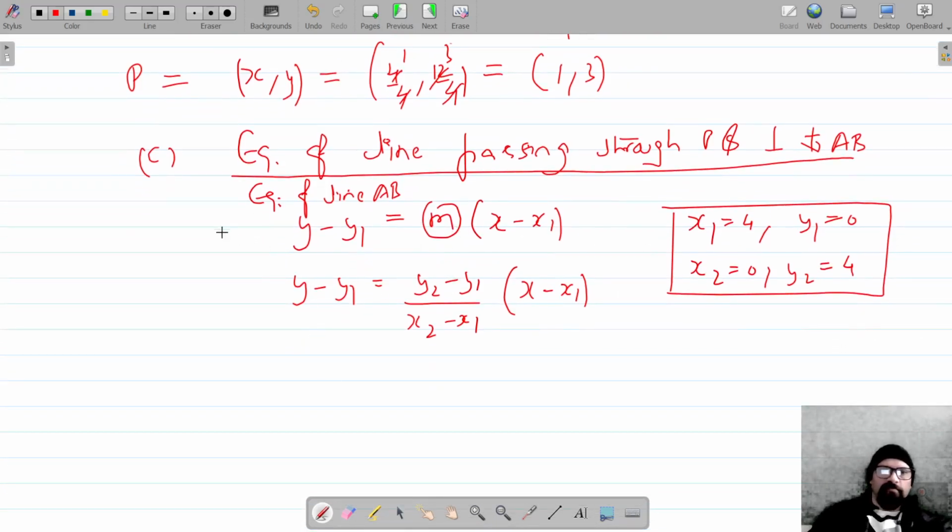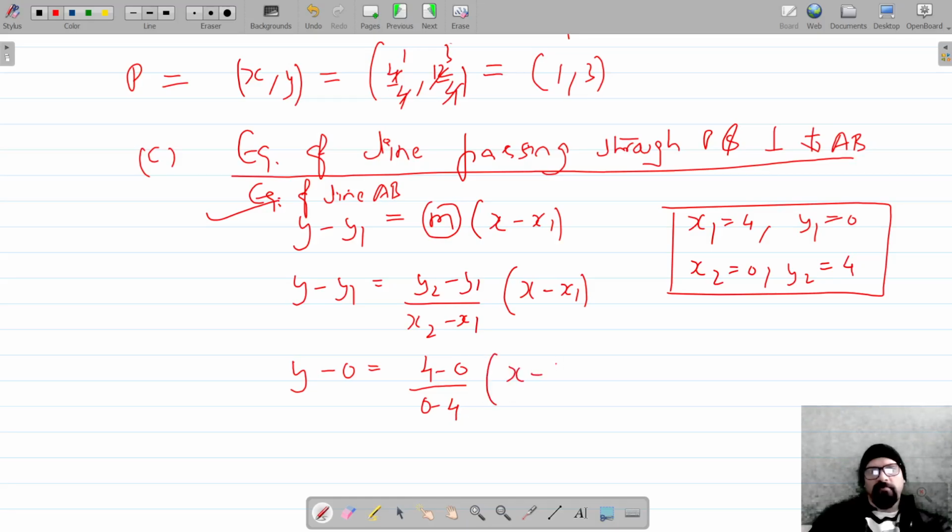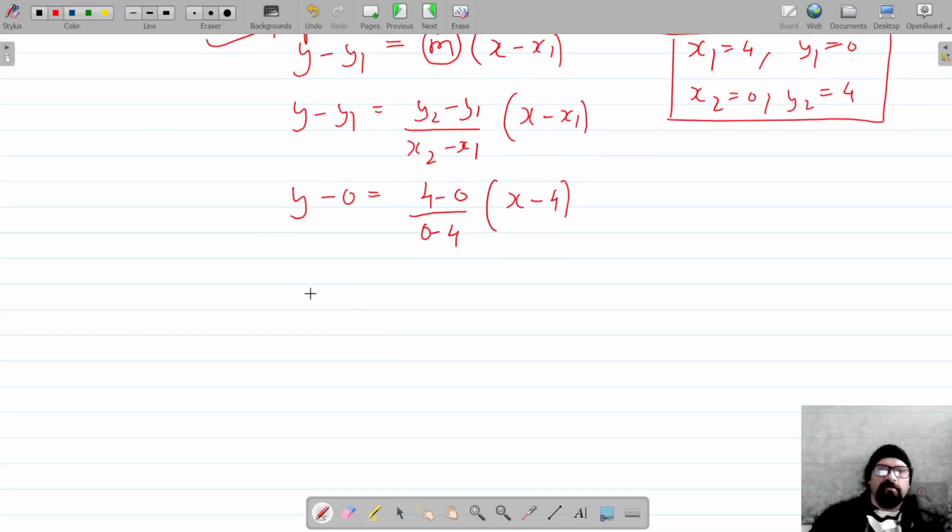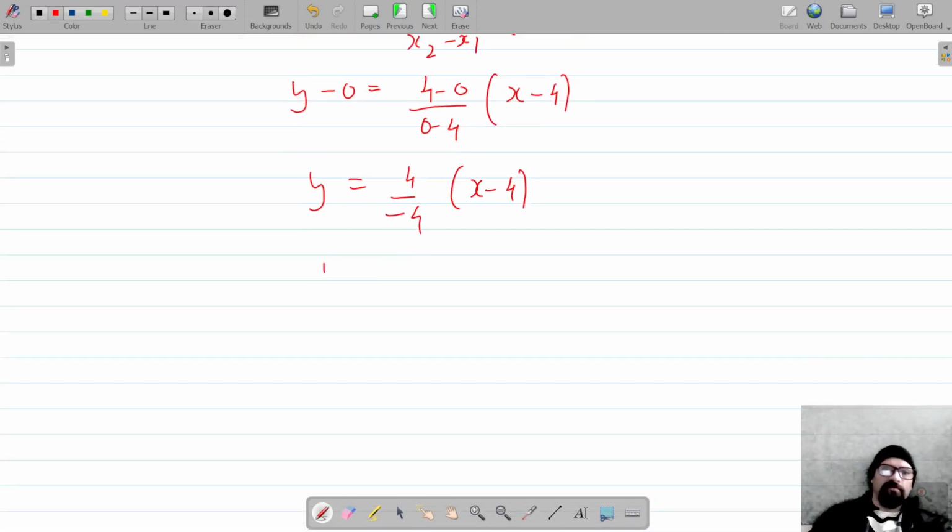These are the values that we are going to put here. So y minus 0 is equal to (4 minus 0)/(0 minus 4) into (x minus 4), which is y is equal to 4 upon negative 4 into x minus 4, which gives us y is equal to negative 1 into x minus 4.